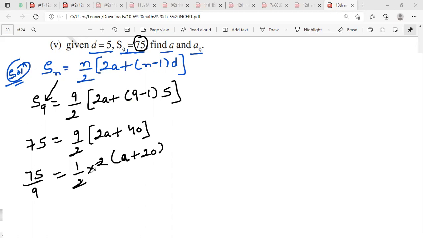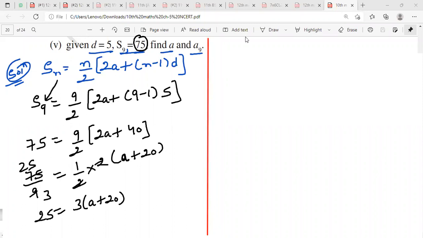So 2 and 2 will be cancelled out, right? 3 3s are 9, 3 2s are 6, 3 5s are 15. So can I say that 25 is equal to 3 within bracket A plus 20?